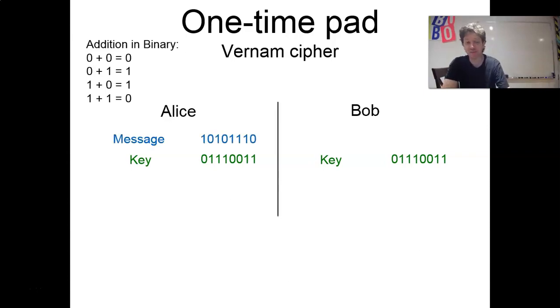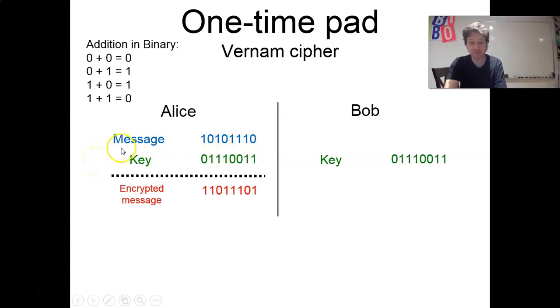Then Alice prepares a message. Just for reference, a message this long in binary is probably 1 character. Maybe J or K or something. Then you're going to add those two together. Again, 0 plus 1 is 1, 1 plus 1 is 0, 1 plus 0 is 1, and so on.